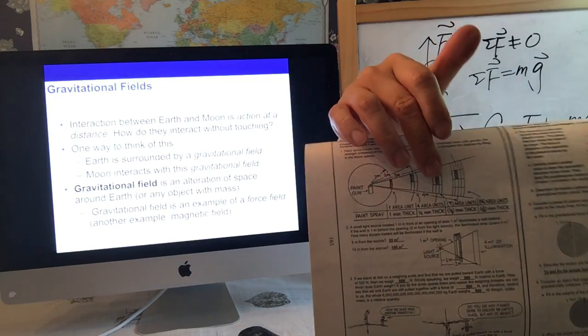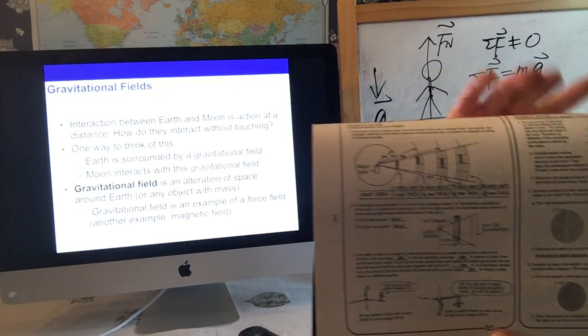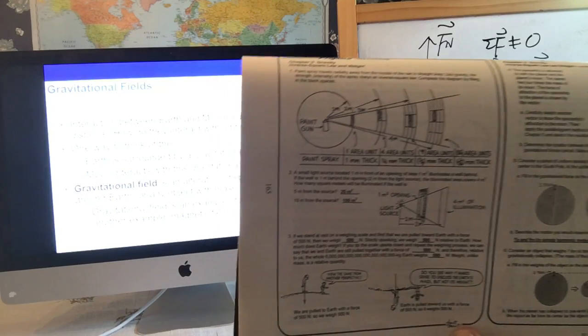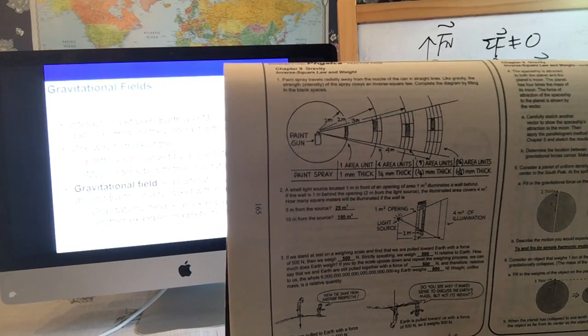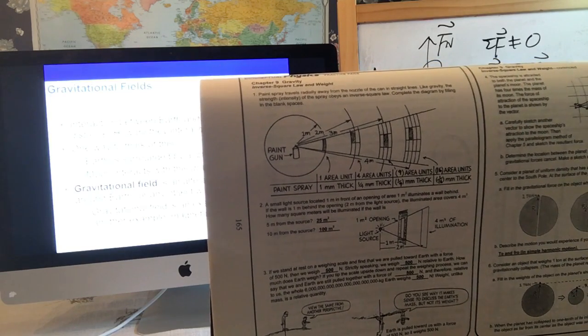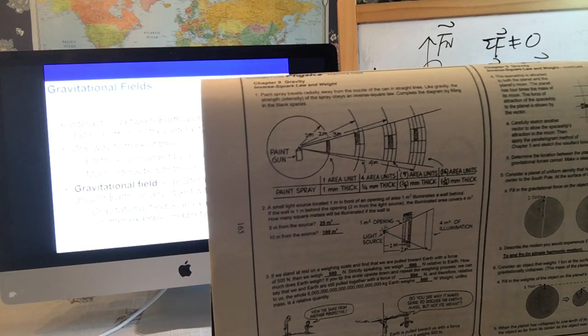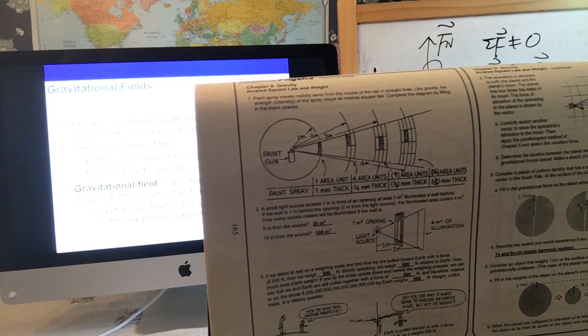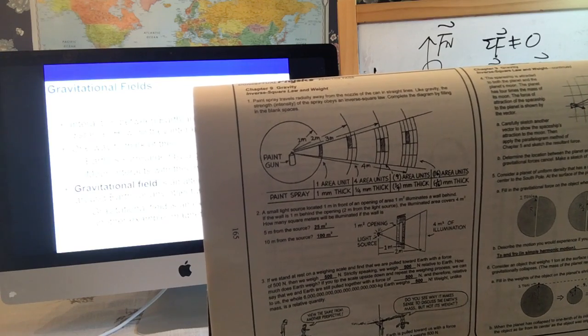So for the gravitational law, if you still remember, we talked about Newton's universal gravitational law, which applies to any two objects in the universe. The force acting between those two objects is attractive and depends on the mass of each object as well as the distance between them.